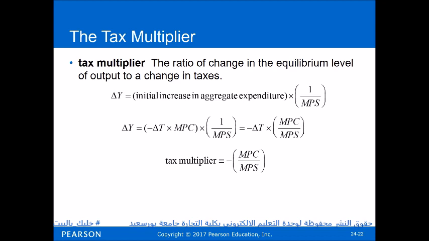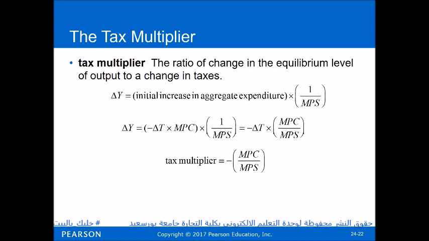To calculate the change in Y when we have a change in the level of taxes, we use the equation delta Y equal minus delta T times MPC times 1 divided by MPS, or by multiplying minus delta T by MPC divided by MPS.